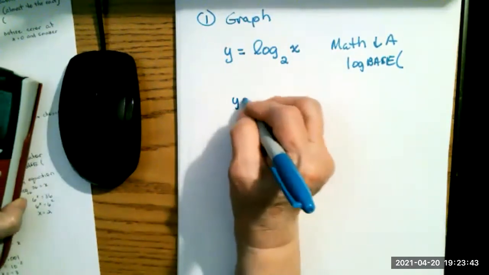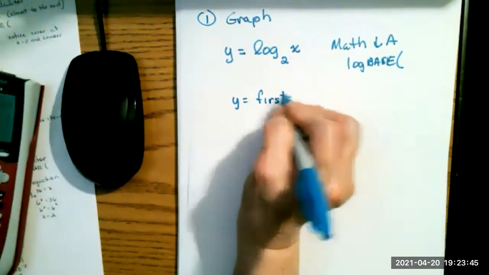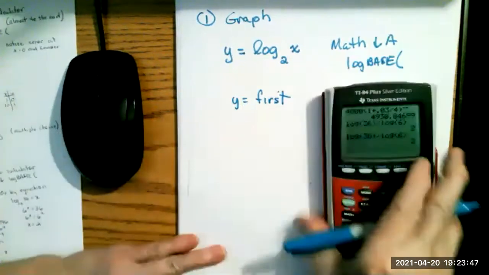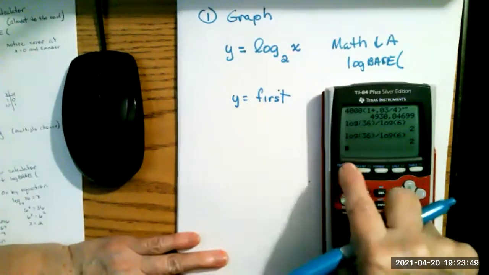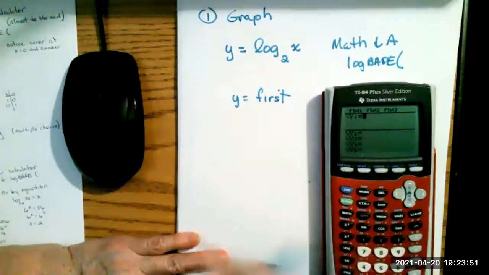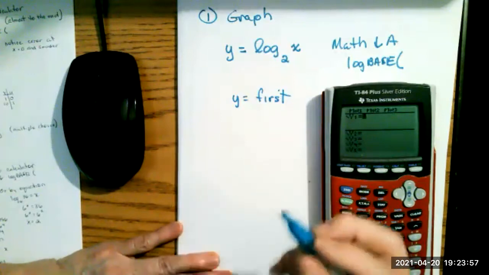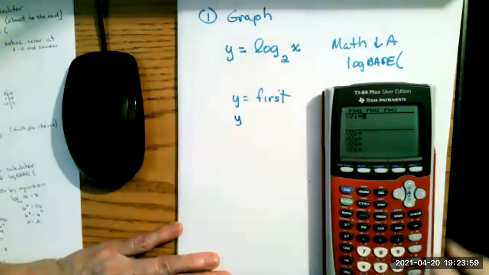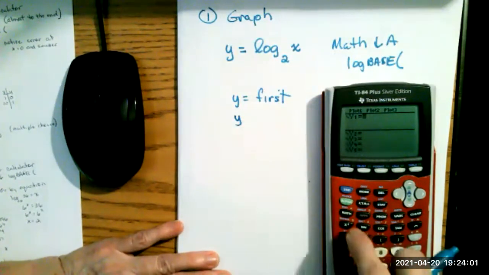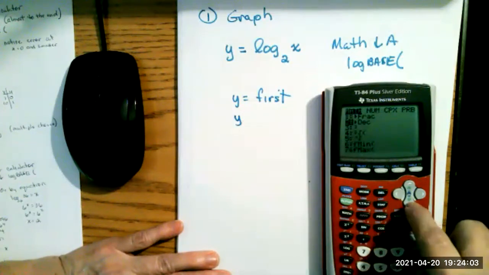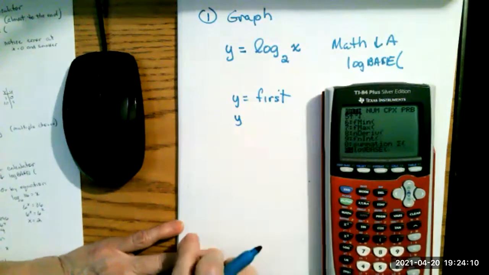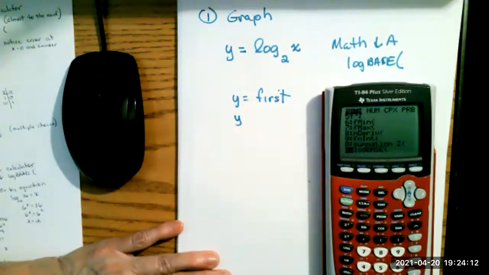So hit the y equals first. I'm going to take the one out that's in there. Once I get my y equals open, then I'm going to go down to math, all the way down until I get to the one that says log base. And I'm going to hit enter.